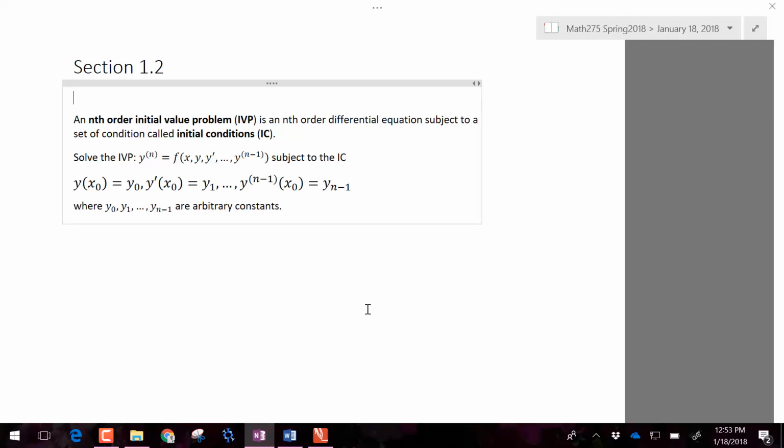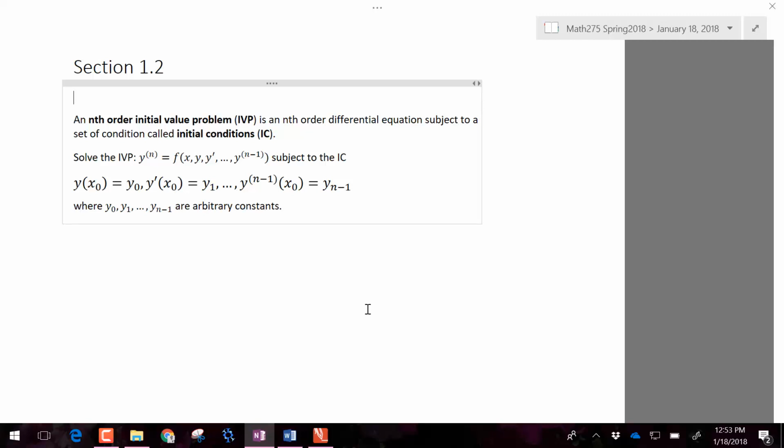The conditions are usually given at one particular independent variable value, a specific x value. If your independent variable is x, sometimes it's t, sometimes it's something else, but there's a specific value, and then you're going to have a set of conditions.